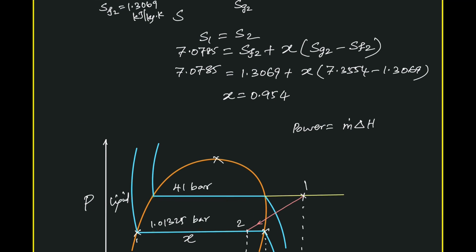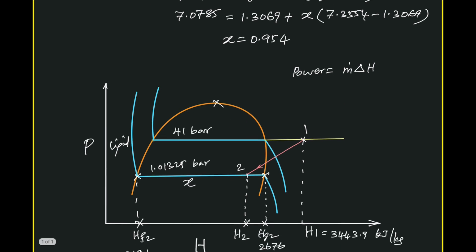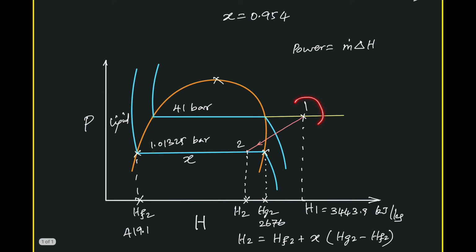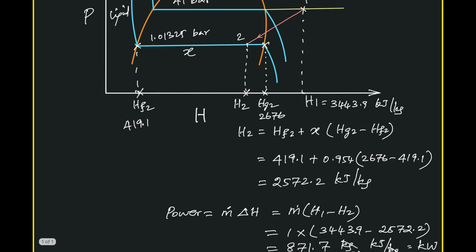Maximum power is simply from isentropic expansion, and for that we need to find the delta H value. Delta H is obtained from the enthalpy at 1 and the enthalpy at 2, which is obtained based on the fraction of vapor using a formula similar to that of S2.